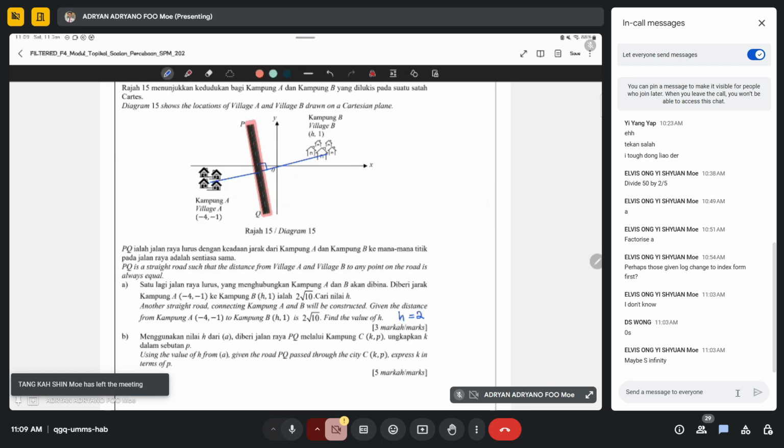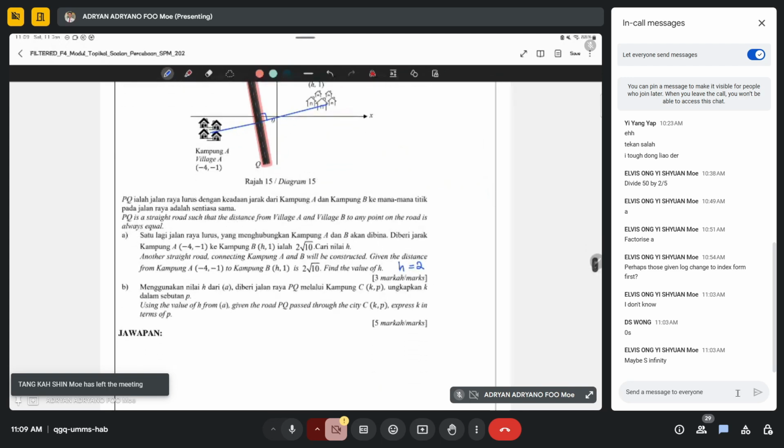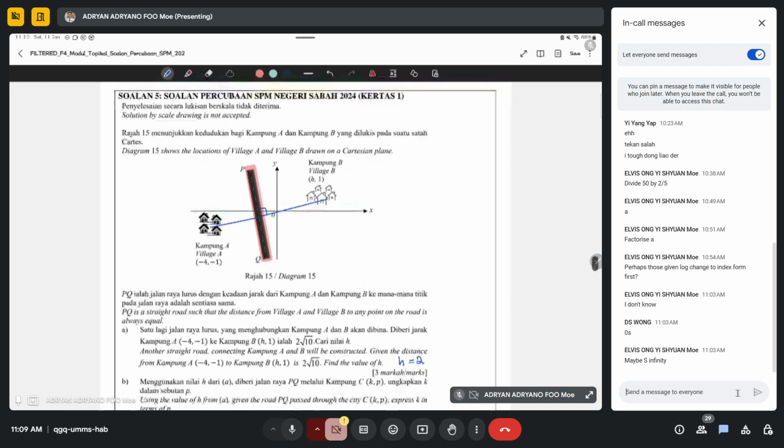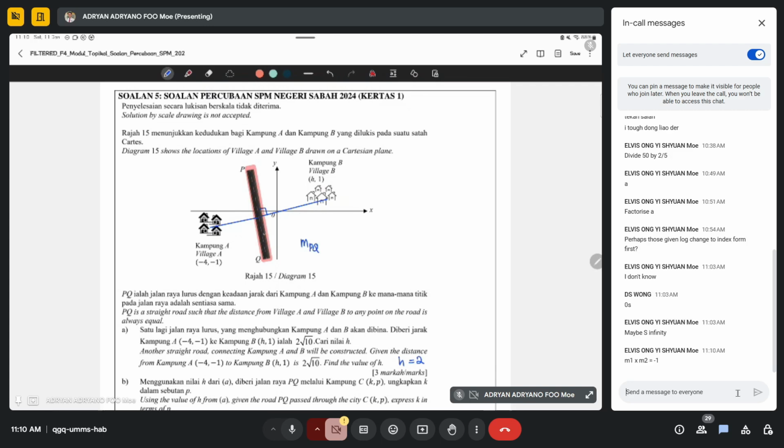So how do you find PQ equation? 你先找 m AB 是多少？这里我已经找好了，1 over 3 if I'm not mistaken. This is mAB. But now I want to find mPQ. 我们知道它是 perpendicular bisector，它们形成90度。So mPQ times mAB equal -1.